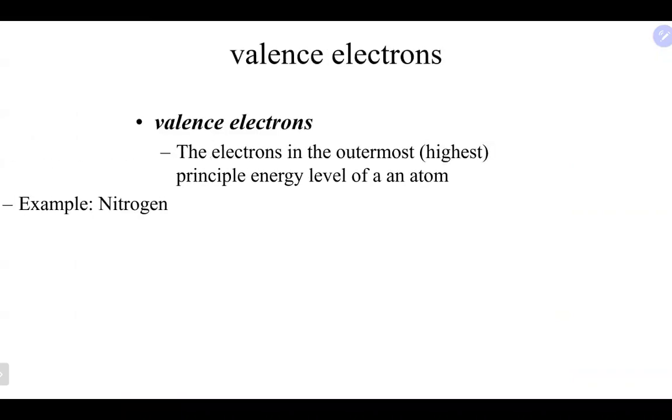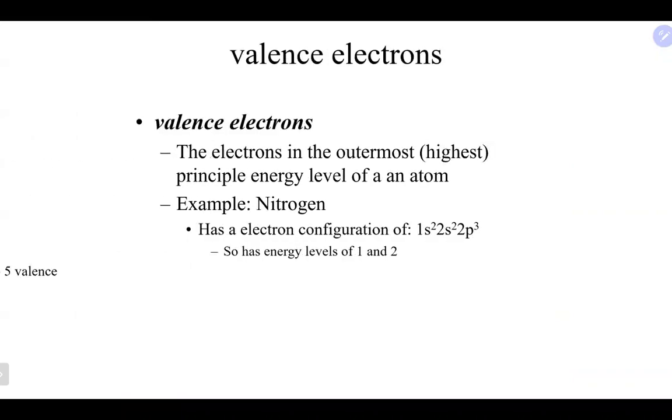All right, so talking a little bit about valence electrons. Valence electrons are really the highest energy level electrons. They are the important electrons in terms of bonding because they're further away from the nucleus. They're not held as tightly, and that allows them to either be lost or shared easily.